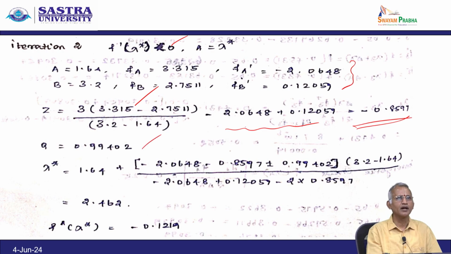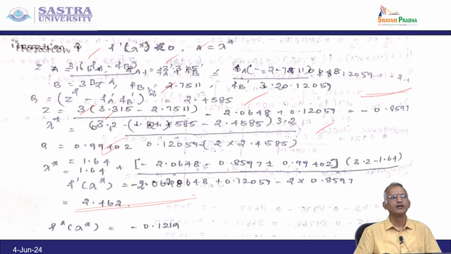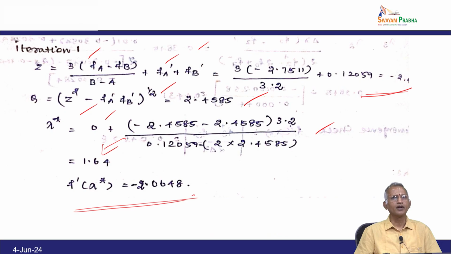Now, we have lambda star. The formula of lambda star is equal to a value. Here the a value is 1.64 plus the corresponding f a dash, and then minus z plus or minus q, corresponding to the values of (f b by b minus a) plus f a dash plus f b dash.